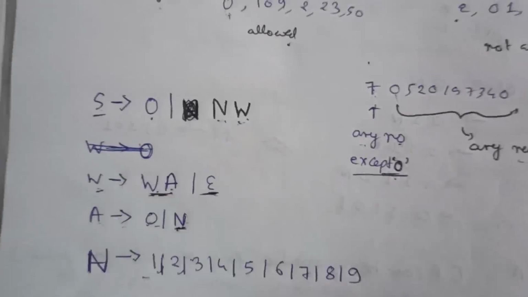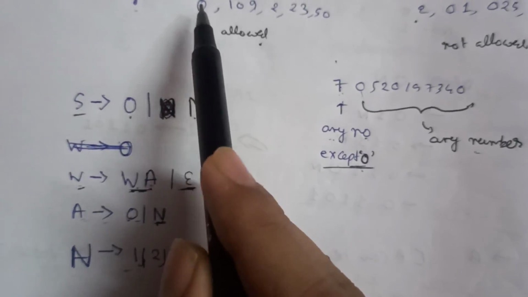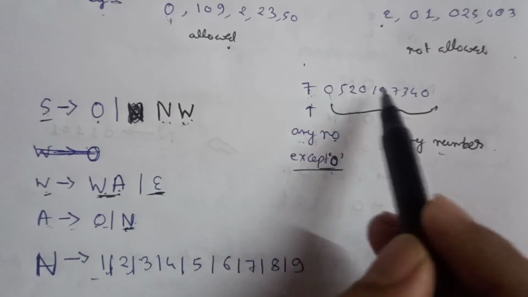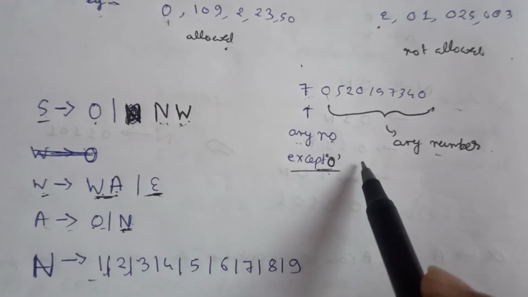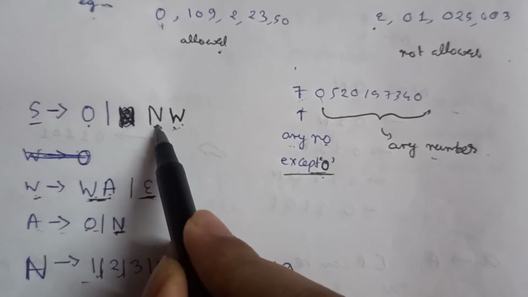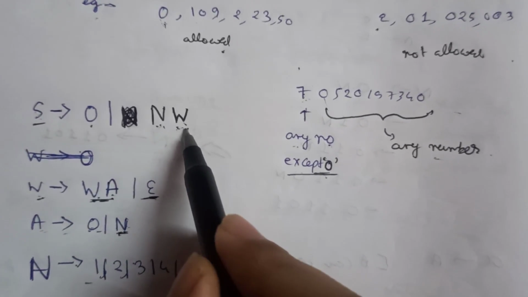Again I will explain. For the starting state, it can be 0, so only 0 is allowed. For a larger string, I have divided it into two parts, that is the first digit and the rest of the part. The first digit can be natural numbers, which cannot be 0, so I have written N for the first digit, and for the rest of the part I have written W, that is a combination of whole numbers.